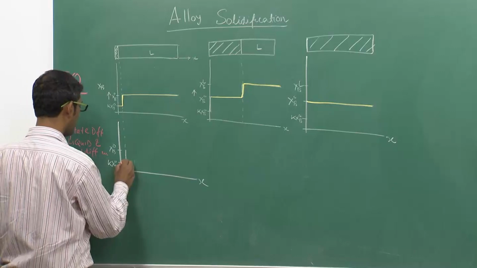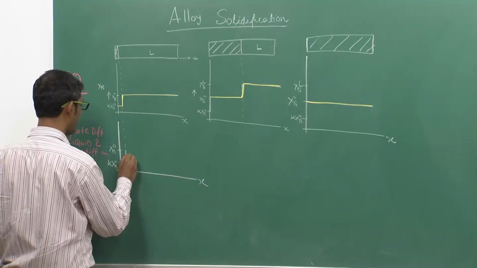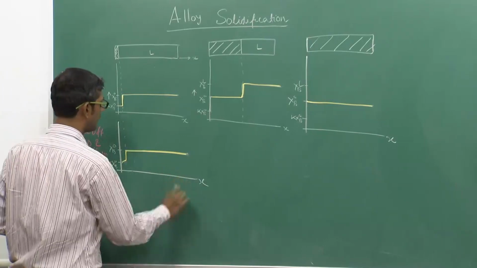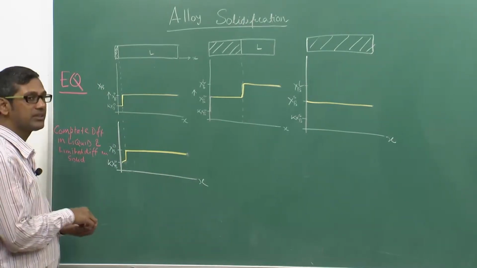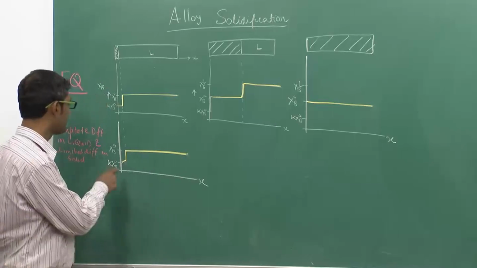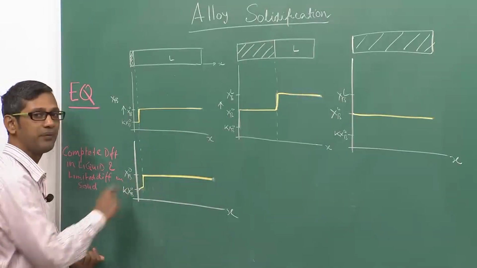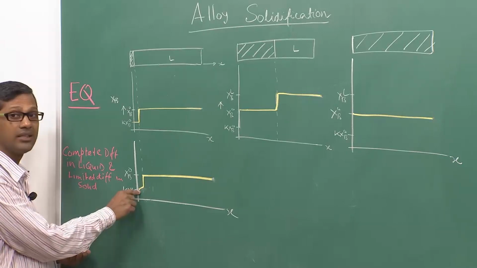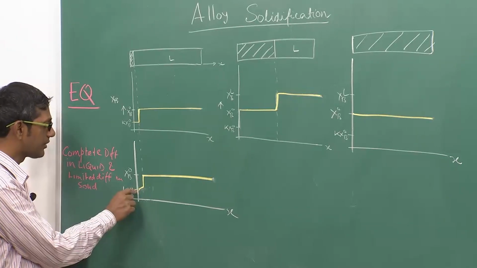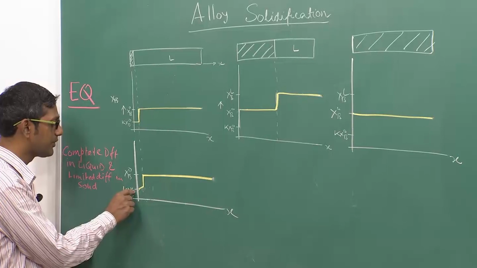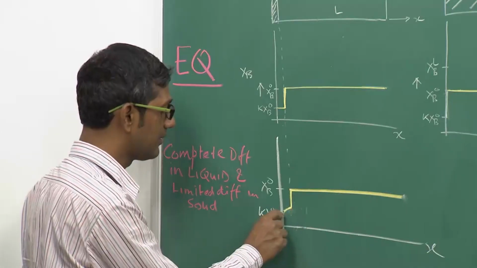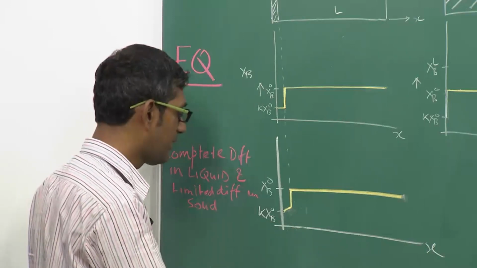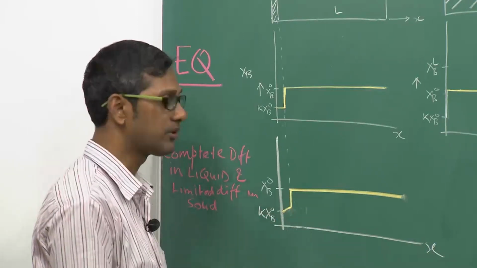Let me draw it with color chalk, a little bit of slope will develop here, then this will remain like this. Things will start changing, mainly because diffusion in the liquid is uniform, that is why the liquid composition is the same all throughout, but diffusion in the solid is not uniform. That is why you see the solid composition at the beginning was Kxp0, then slowly rises. There is a small rise because of the limited diffusion in the solid.